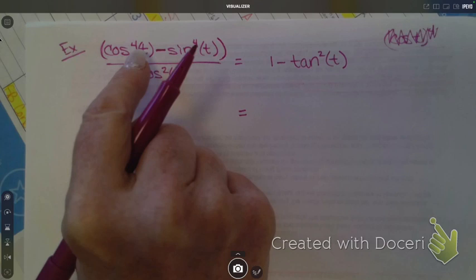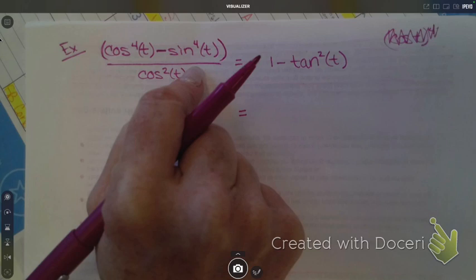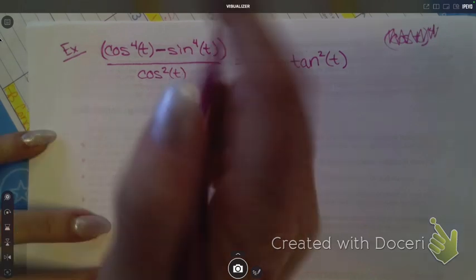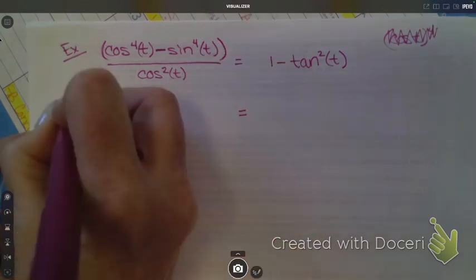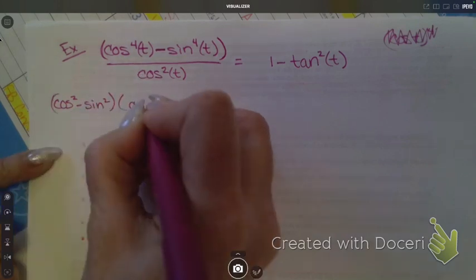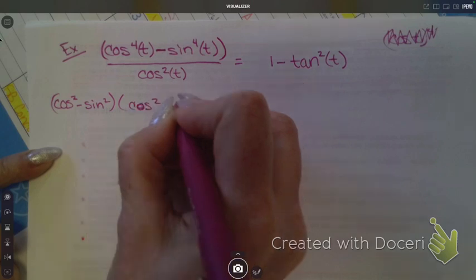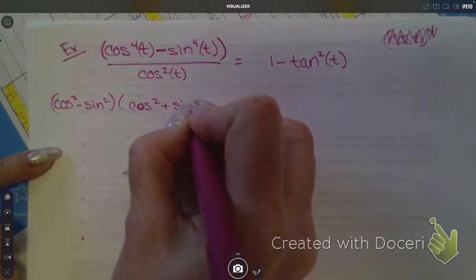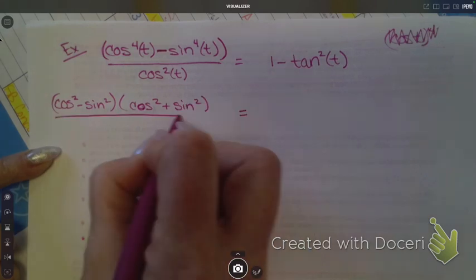Okay, so it would be cosine squared minus sine squared times cosine squared plus sine squared over cosine squared.